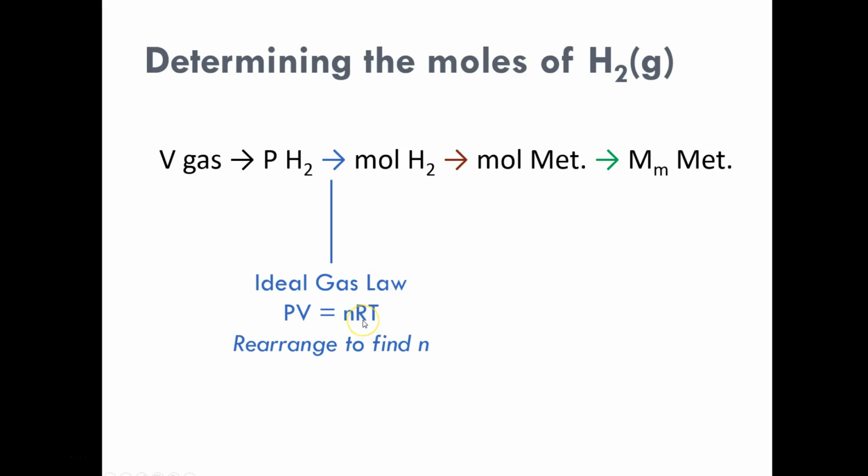R is a constant, and it has several different values with different units attached to it. You can look at table 10.3 in your book to find different values of R. Again, you're going to need to use the one that has the correct units to cancel for all of these measurements that you've taken.